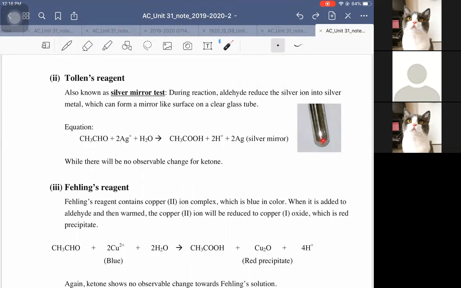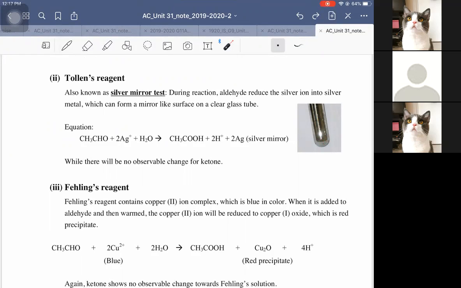Okay, so for this one, it would react with aldehyde only, and during the reaction, the silver ion would become silver. That's why it formed the silvery shiny surface on the test tube. Okay, and again, for ketone, since it cannot be oxidized, it will have no reaction.